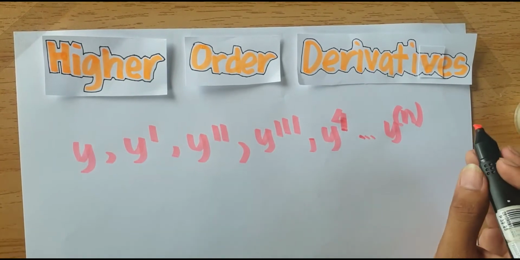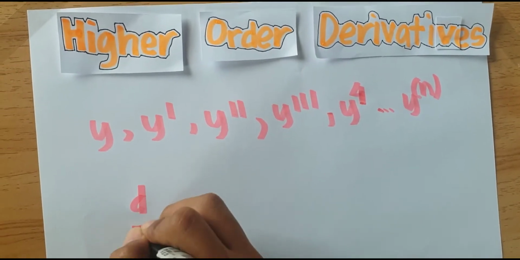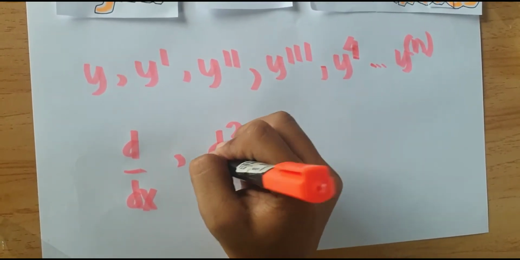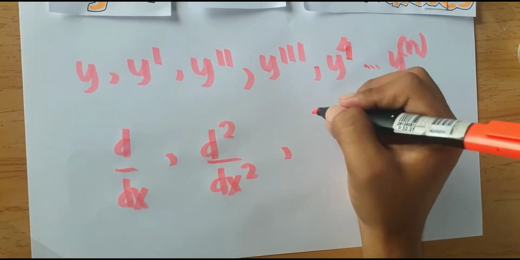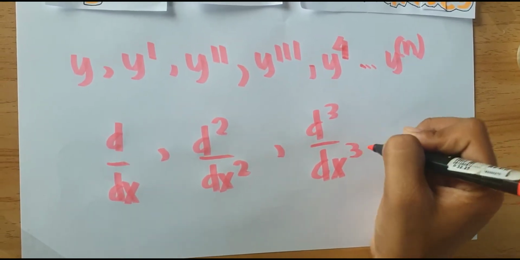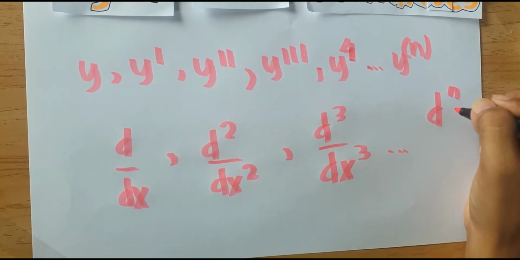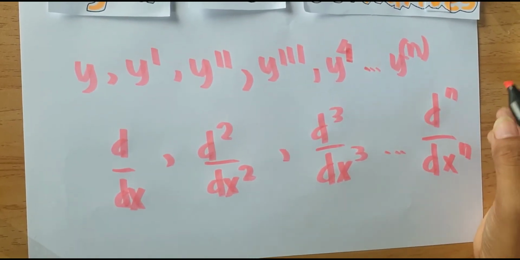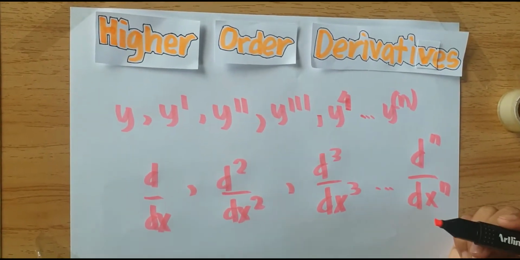And then we can also use d over dx, d squared over dx squared, d cubed over dx cubed, and so on. So that is the concept of higher order derivatives.